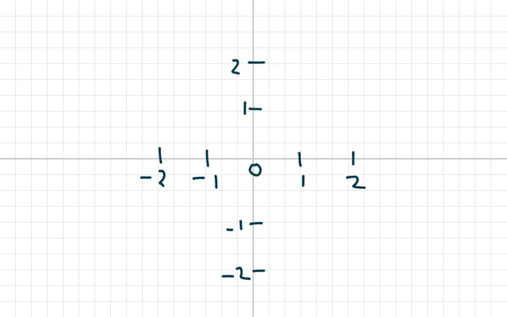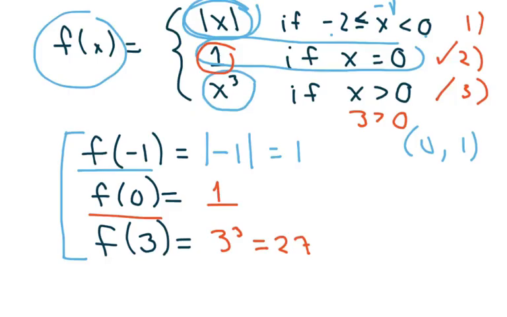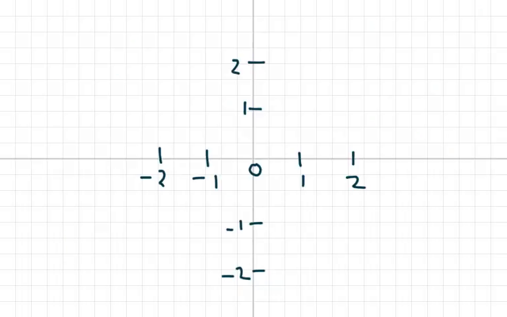So the first part was this absolute value. We're looking between negative 2 and 0. So I'm going to do the absolute value of negative 2. It includes all real numbers, so negative 1, and I'm also going to include 0, even though it can't equal it, because I want to get close to it.